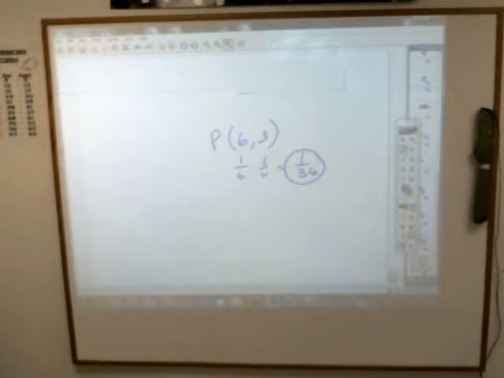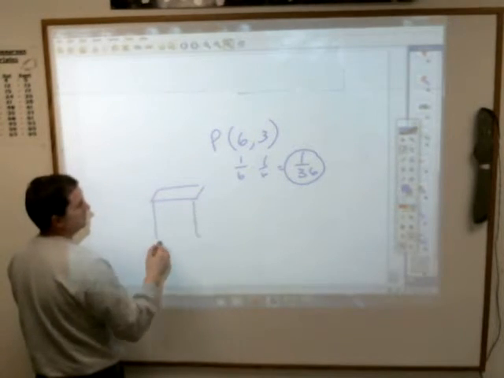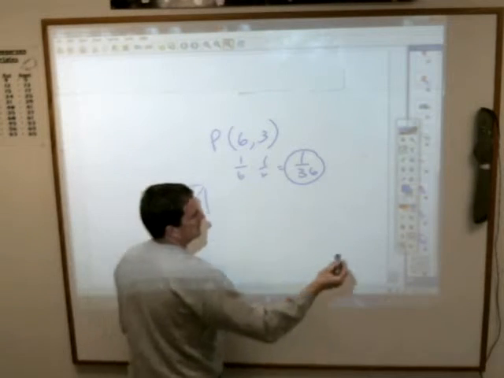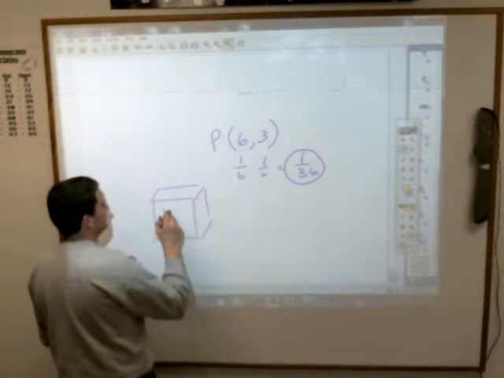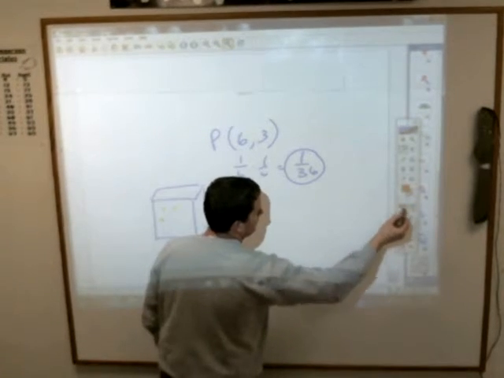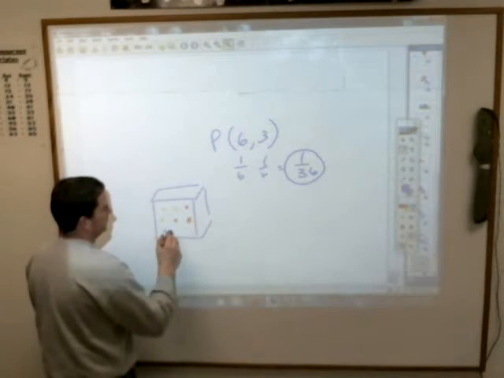Usually when we talk about dependent events, it's when we're pulling marbles and stuff out of a bag or something. So here's our bag. Let's say I've got 1, 2, 3, 1, 2, 3, and 1, 2, 3, 4.